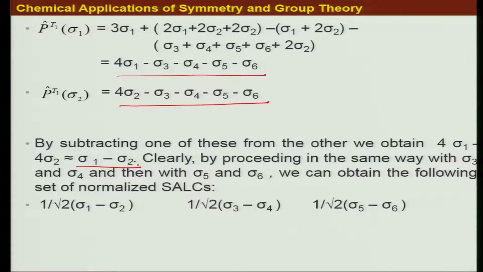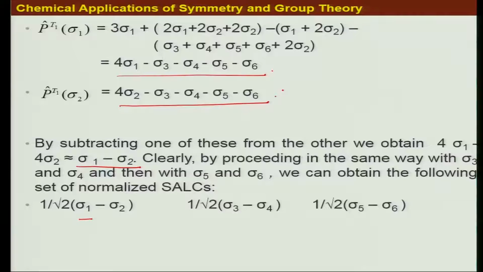If you keep going in the same direction, you can operate the projection operator on sigma 3, sigma 4, sigma 5 and sigma 6, and ultimately you can get the SLCs and then normalize. So you get the orthogonal functions, because this and this ultimately should be orthogonal.